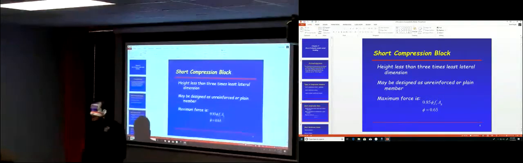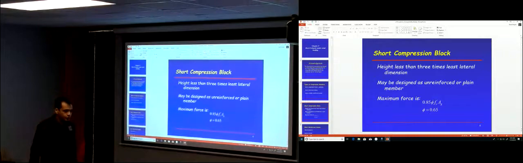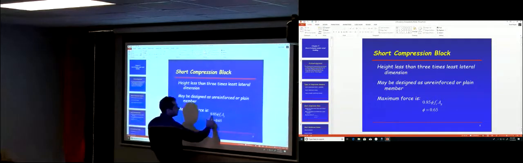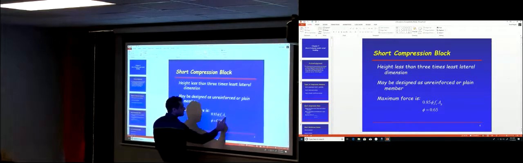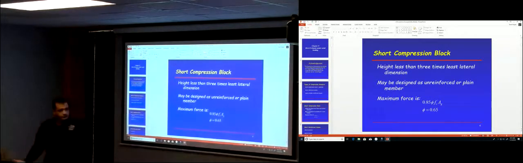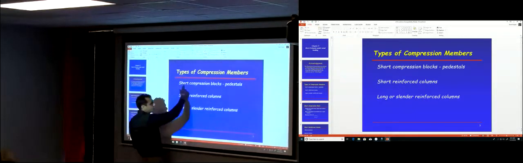So that's for the design of short compression blocks. You don't need to provide steel, and the strength of it is simply 0.85 f'c times the gross area. That's the nominal one. The ultimate strength is just multiplying by phi, and phi in that case is 0.65. So that's the first category, the short compression blocks.